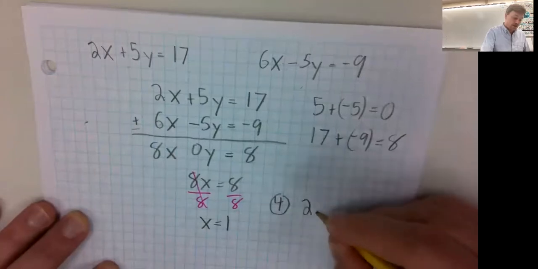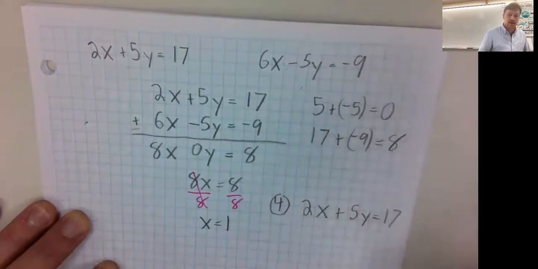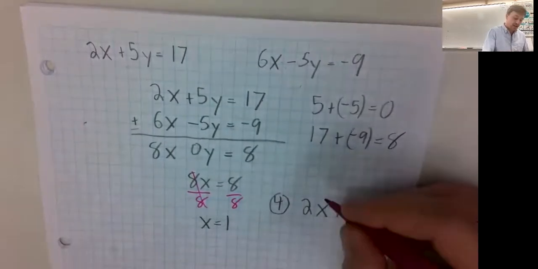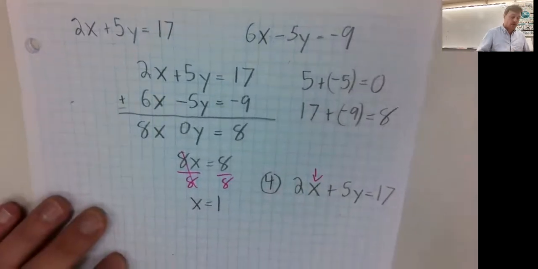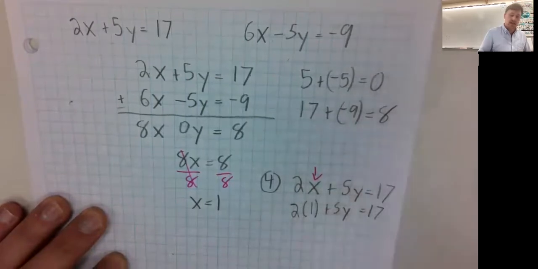I'm going to start with 2x plus 5y equals 17. I know what the value of x is, so I'm going to plug that in here. That is 1. So it's going to be 2 instead of x, it's 1 plus 5y equals 17.